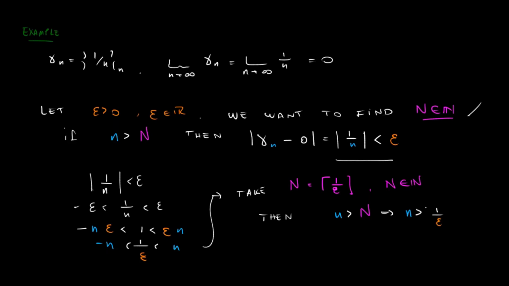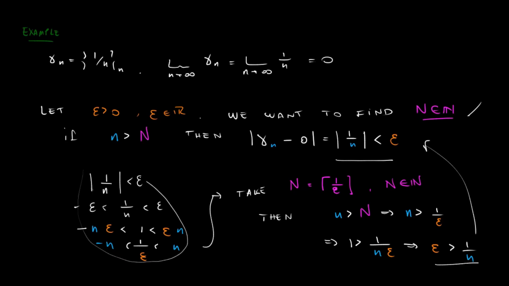And if n is greater than 1 over epsilon, then 1 is greater than 1 over n times epsilon. And then multiplying by epsilon, we get that epsilon is greater than 1 over n. But this is actually the one we wanted to have. So this is just to get an idea of what big N to take.